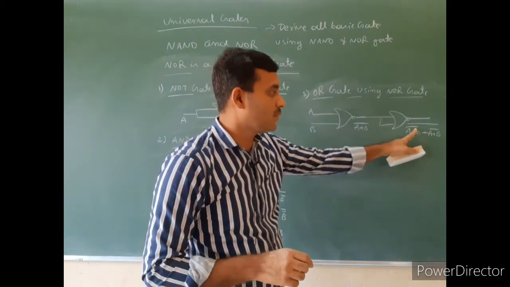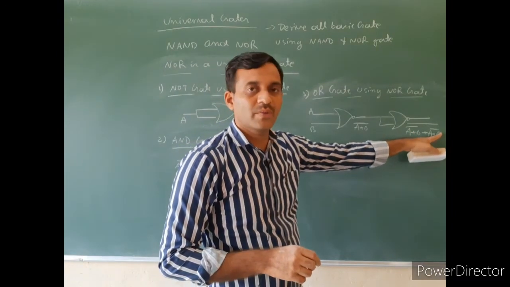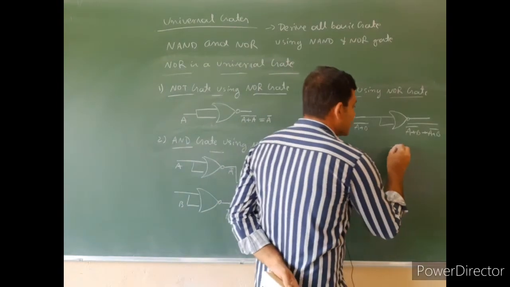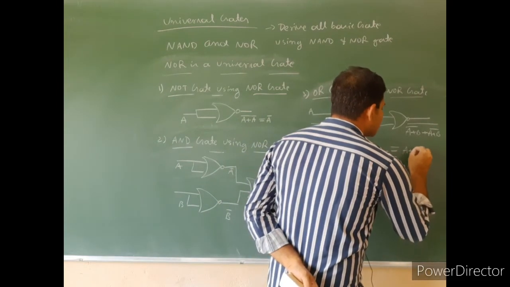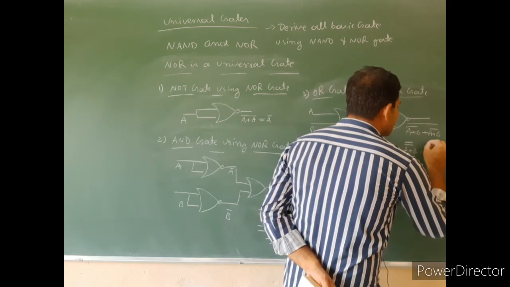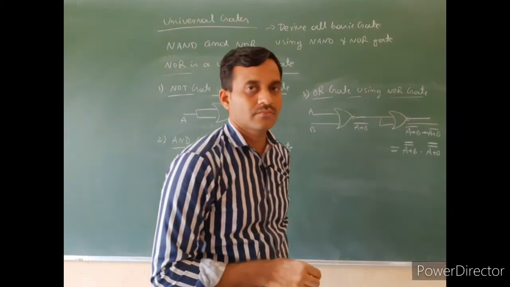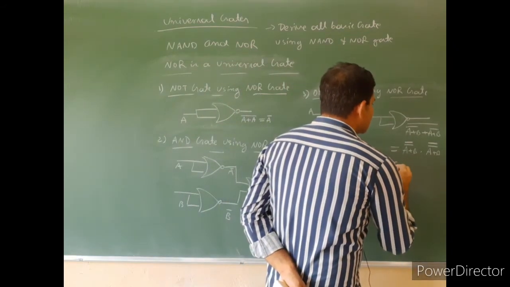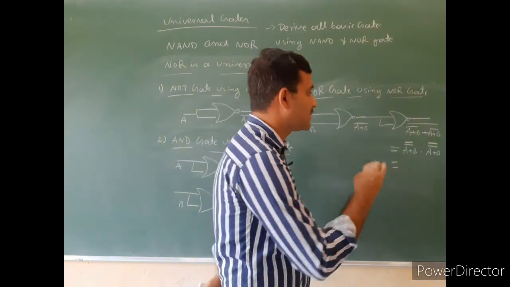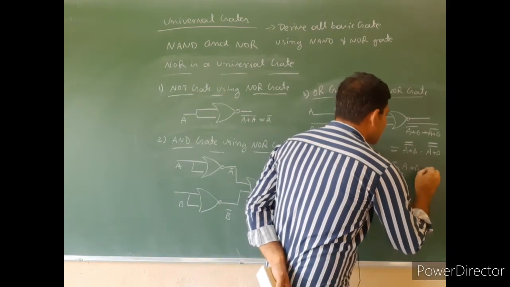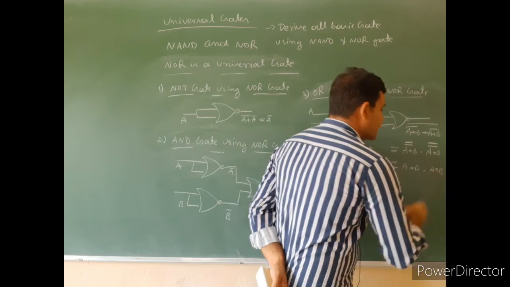One input is (A plus B) whole bar, another one is (A plus B) whole bar, and then there is a whole bar. Then apply De Morgan's theorem, and it becomes (A plus B) double bar into (A plus B) double bar. Which is equal to (A plus B) into (A plus B).